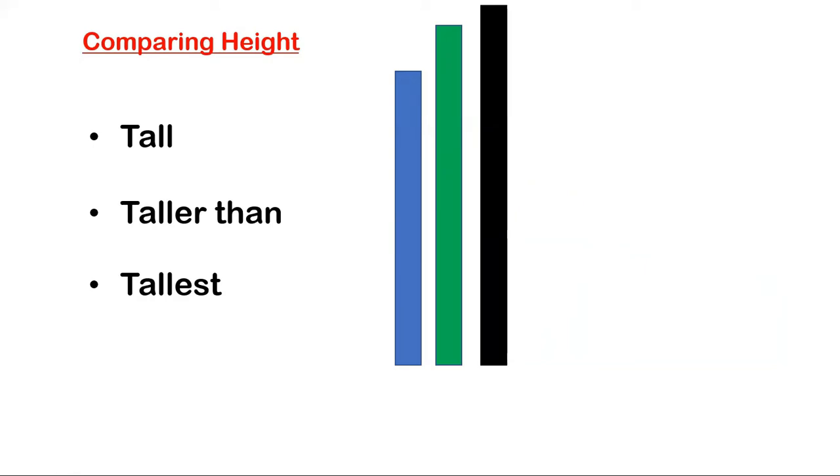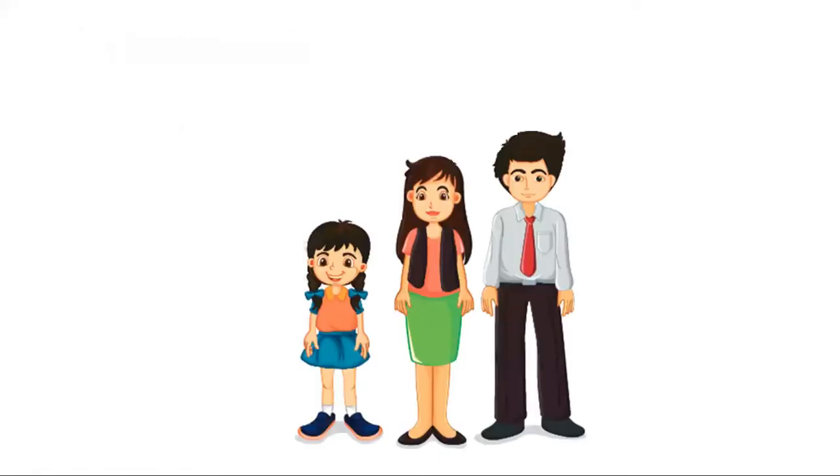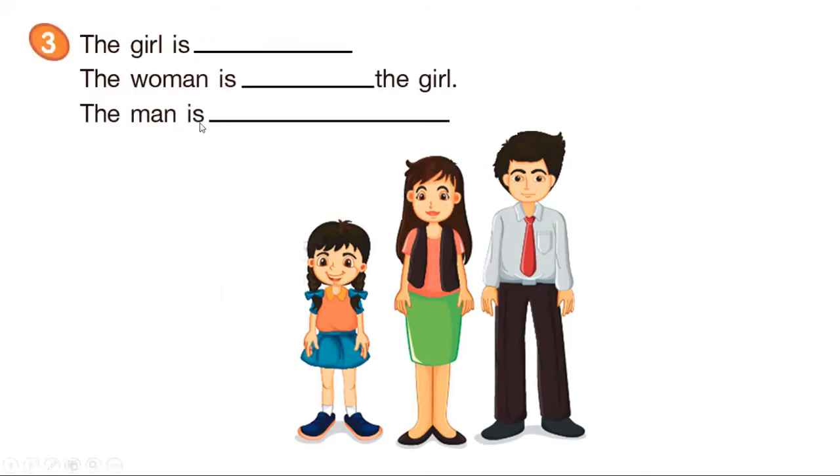We use this, for instance, if we need to compare the height of students or children. For example, we look at this family. You see that this is a girl, this is a woman, and this is a man.